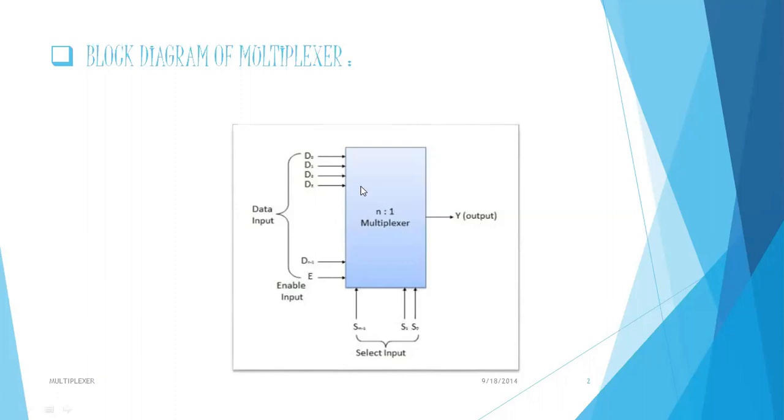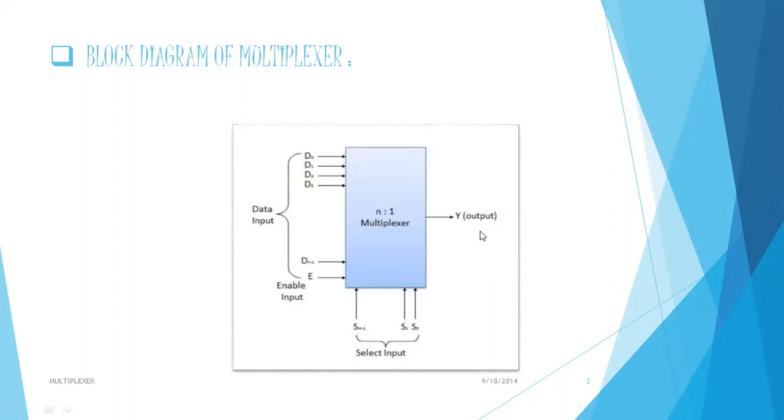See here, this is the multiplexer. We pass n number of inputs and it will produce only one output. Here the selection inputs are the data selectors, so based on the selection lines we choose any one of the inputs. These are the data inputs, and here we give the selection inputs and one enable input.